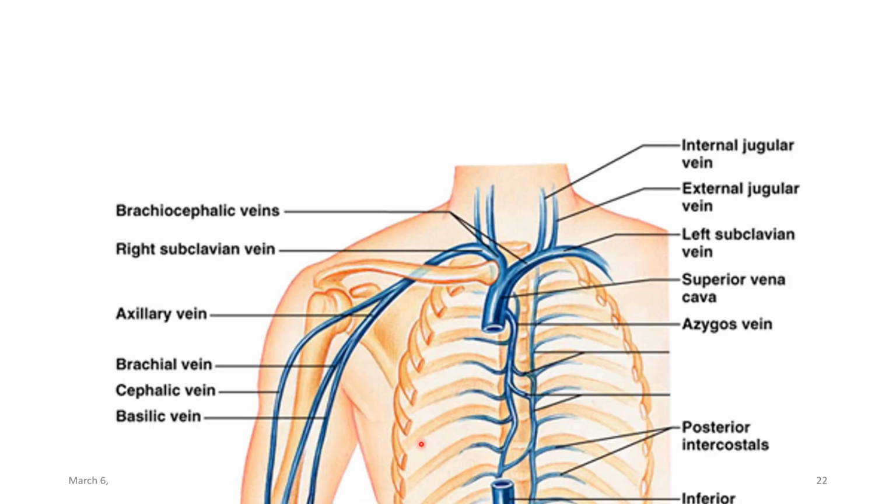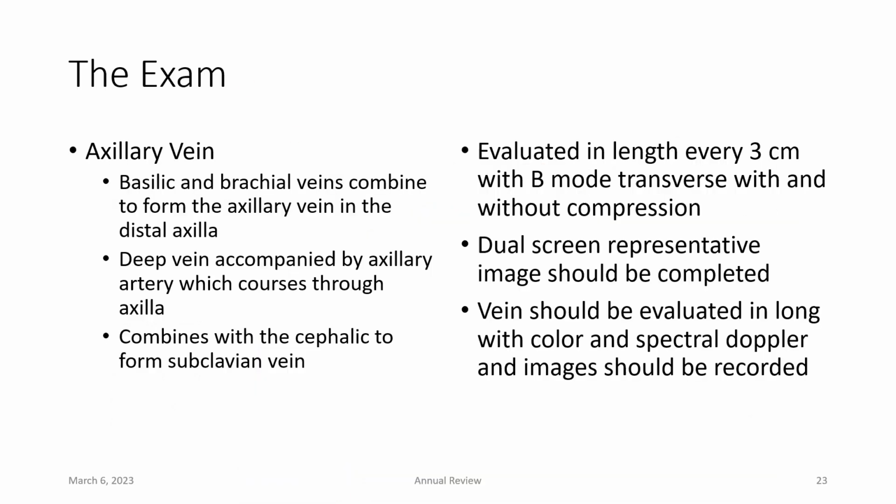Now, we know that median cubital vein communicated with our basilic vein over here. So this brings us to our axillary vein. So we knew that when we saw the cephalic vein branch off of the subclavian, or really flow into the subclavian, the other component that it met up with to develop the subclavian was the axillary.